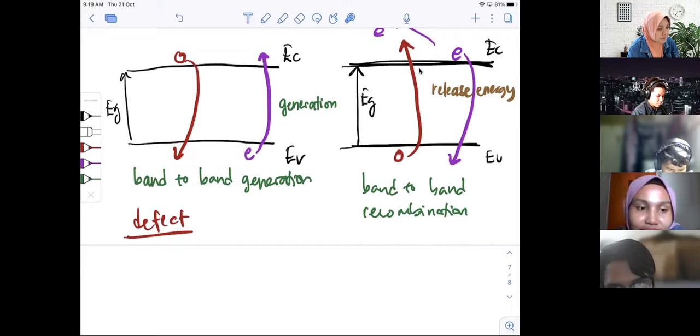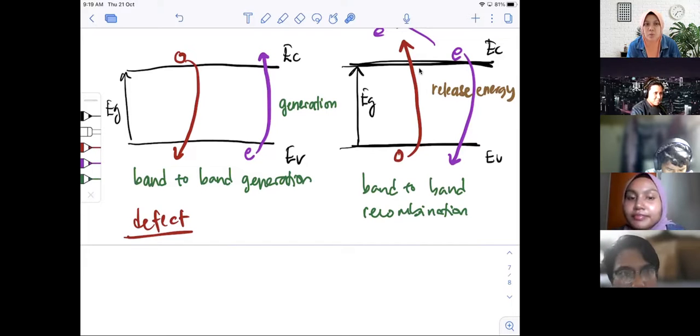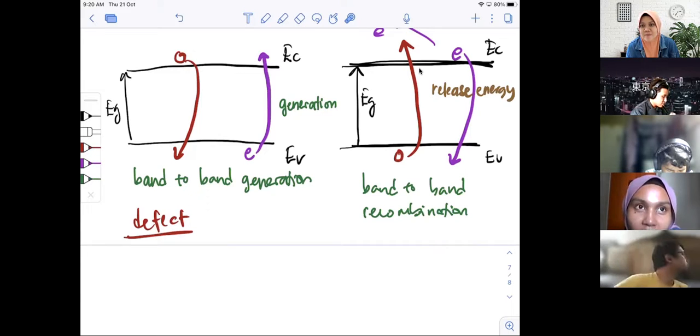Okay. What is a defect in semiconductor? Defect in semiconductor might be determined by how many electrons succeed to recombine with the holes in the valence band. For me, that's a defect.